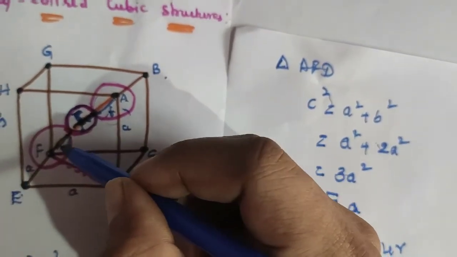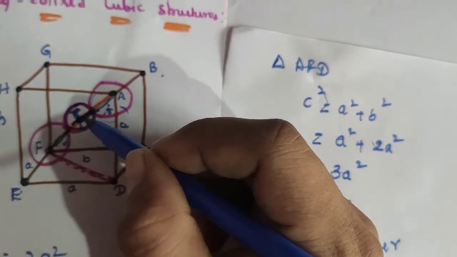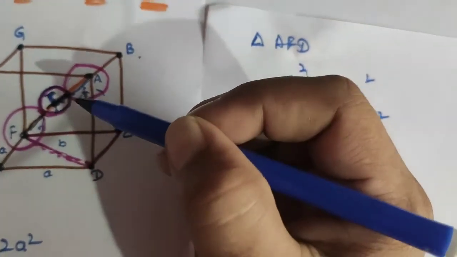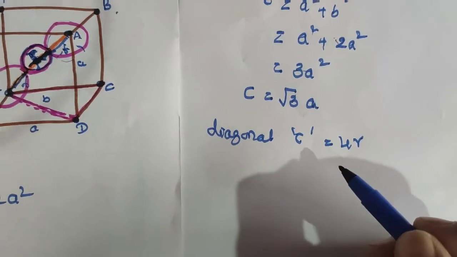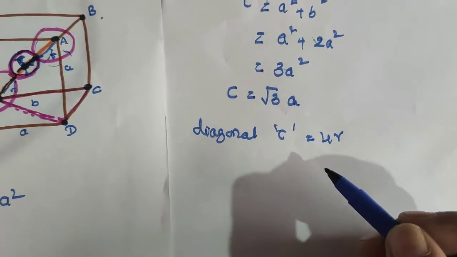So totally how many are here? 1, 2, 3, and here 4 r. So that is the reason you can take c in the form of 4 r.